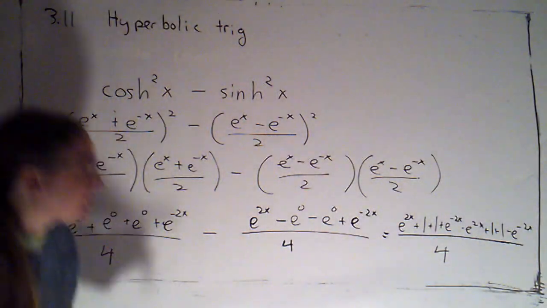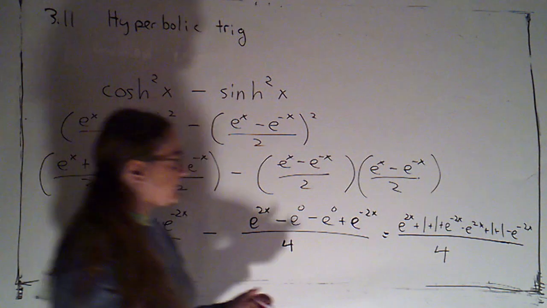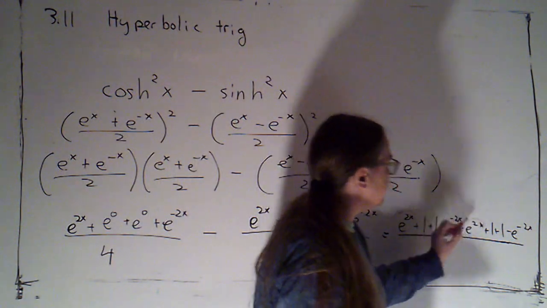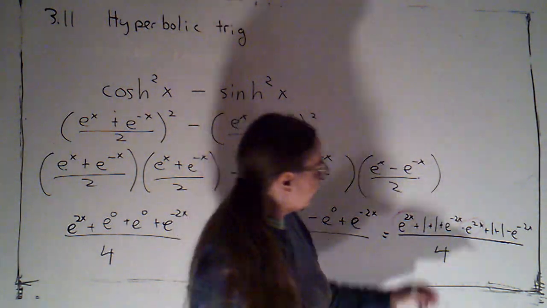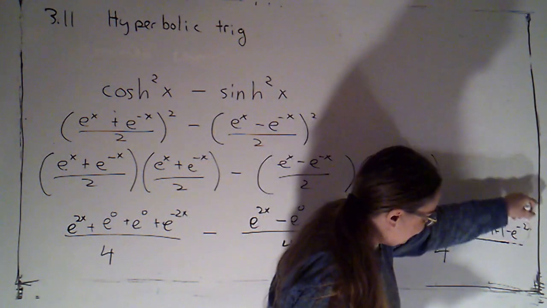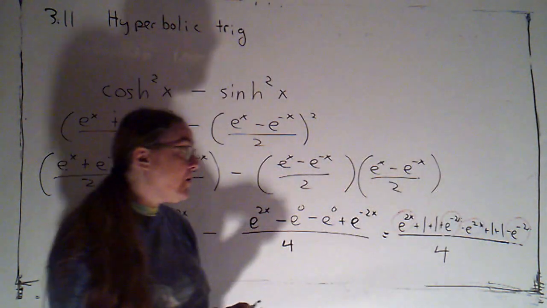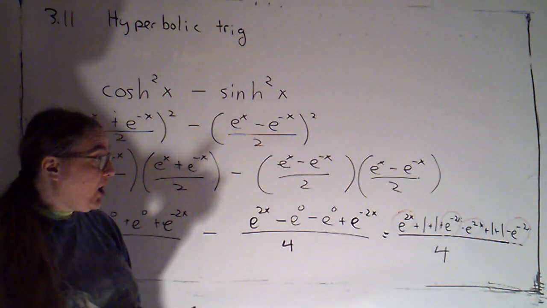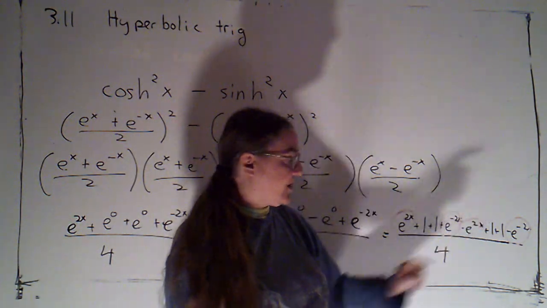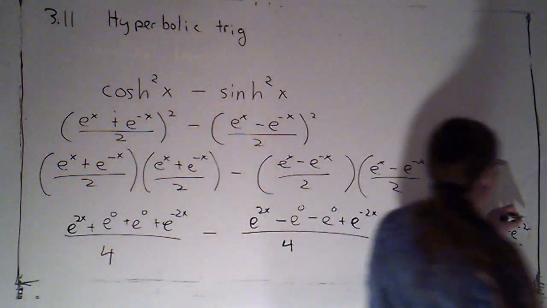Now, a lot of the terms on the top are going to cancel. Here's an e to the 2x, and here's a negative e to the 2x. Those cancel. Here's an e to the negative 2x, and here's a negative e to the negative 2x. Those cancel. All that's left is the ones. 1 plus 1 plus 1 plus 1. Last time I checked, that was 4.